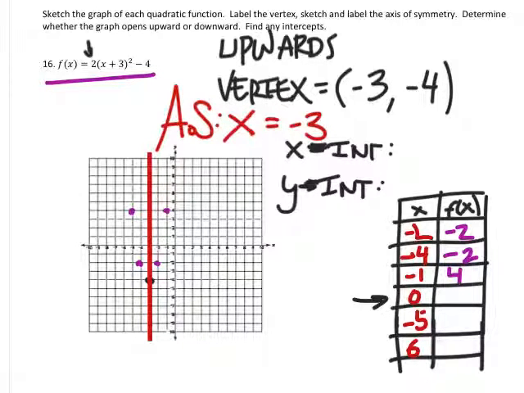But let's go ahead and find that y-intercept. The y-intercept where x is 0, so 0 plus 3 is 3. 3 squared is 9 times 2 is 18, minus 4 is 14. So we found the y-intercept, 0 and 14, which is going to be off the chart here. And that's alright.